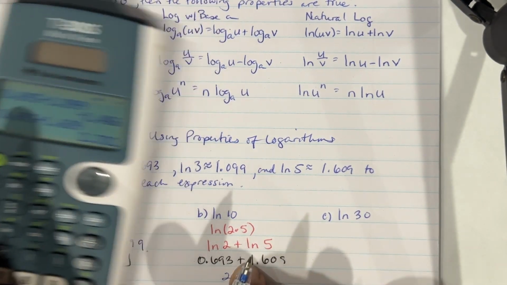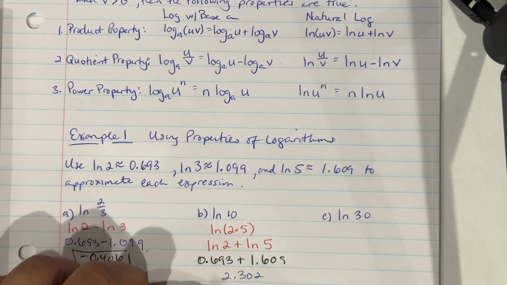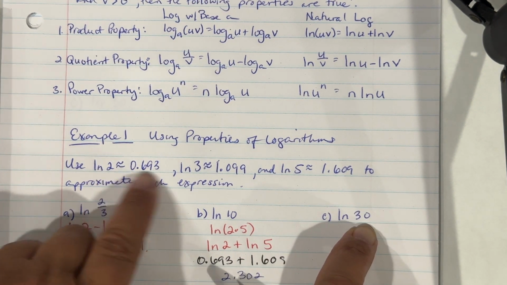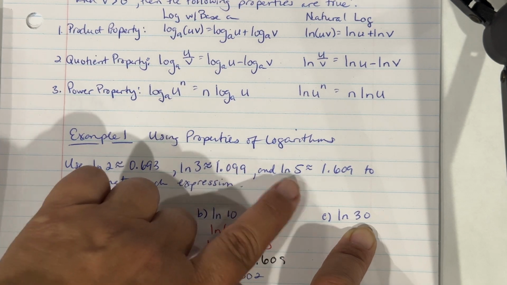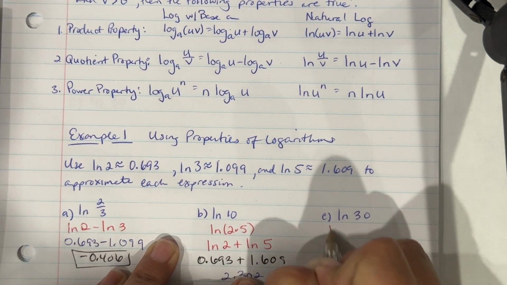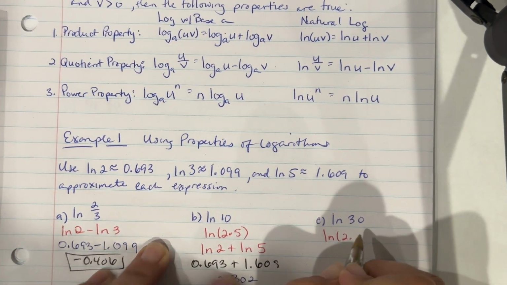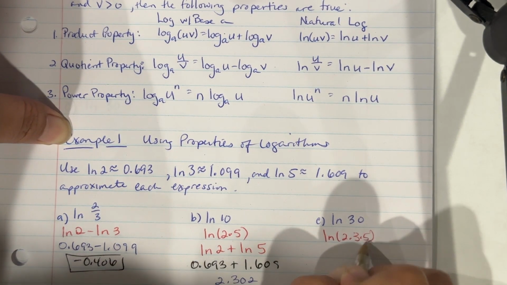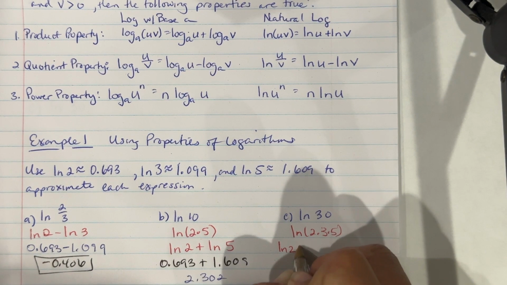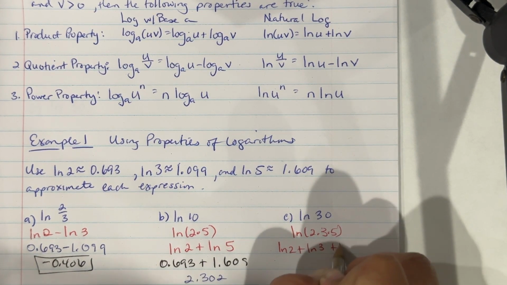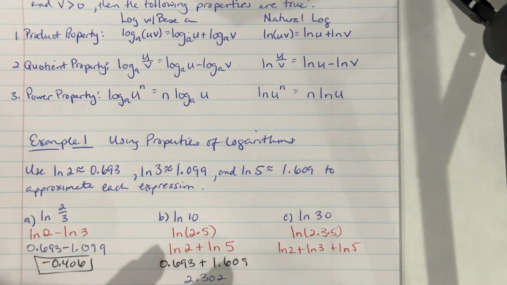Now for ln of 30, they only gave us the numbers 2, 3, and 5. Well, 2 times 3 is 6, and 6 times 5 is 30. So we're going to rewrite this as ln of 2 times 3 times 5. So it's going to be ln of 2 plus the ln of 3 plus the ln of 5.